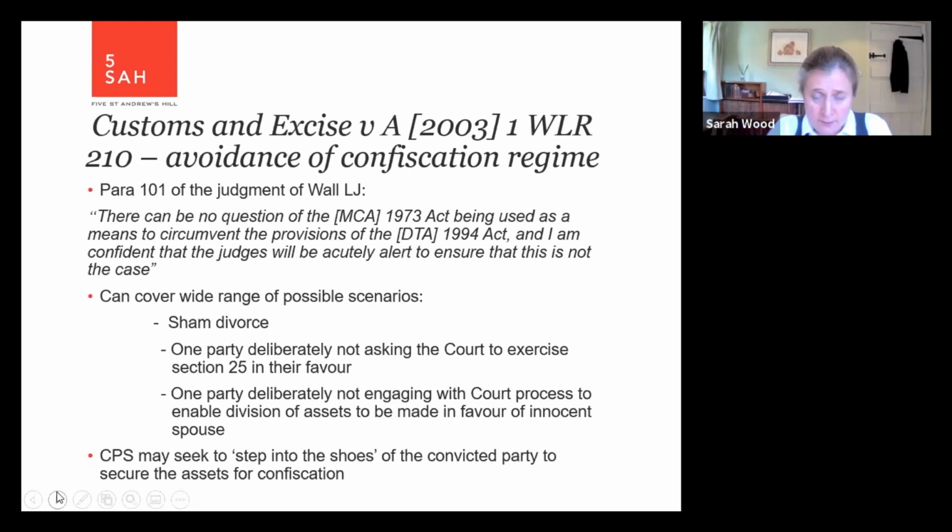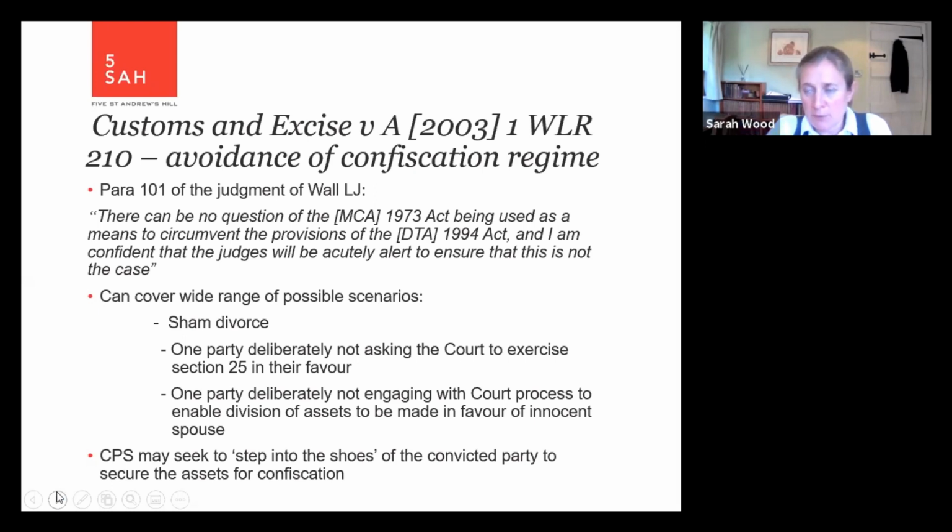The other aspect that the family court must have regard to is the question of whether or not, in fact, the family proceedings are being used as a way of putting assets beyond the reach of the confiscation regime. And that was stated within paragraph 101 of the judgment of Lord Justice Wall within the case of A.